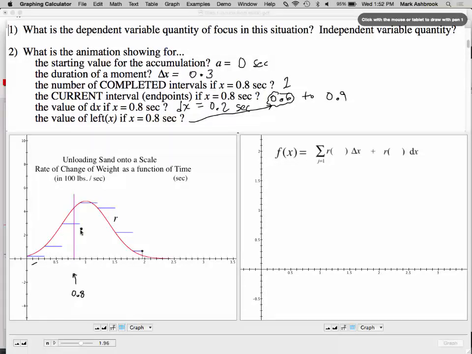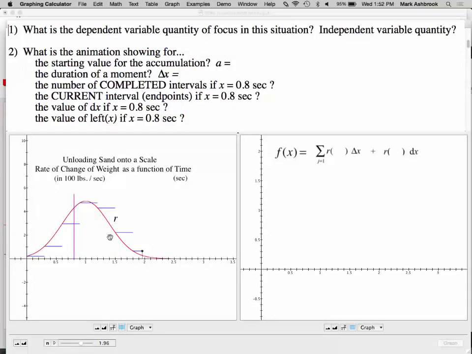So this is r, right here, this rate, r of left x. That's that constant rate right there. Okay, questions on these warm-up questions? So now we want to talk about how this thing gets built. How does this thing get built? We're going to look first at just the first interval.